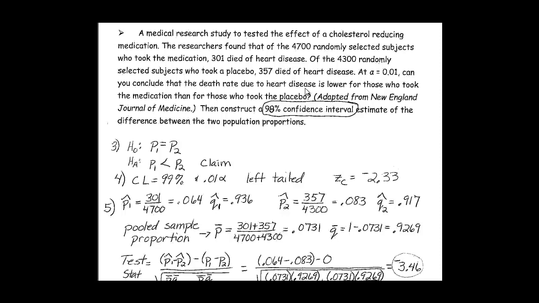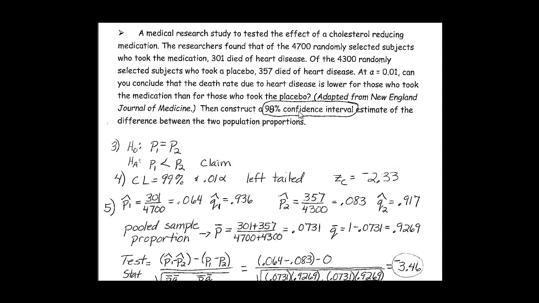But we are checking to see if one sample proportion was lower than the other. That lower part tells us that we are dealing with a hypothesis test in the tail. We're looking at the left tail. So we're correct with hypothesis test confidence level 99%, 0.01 alpha.